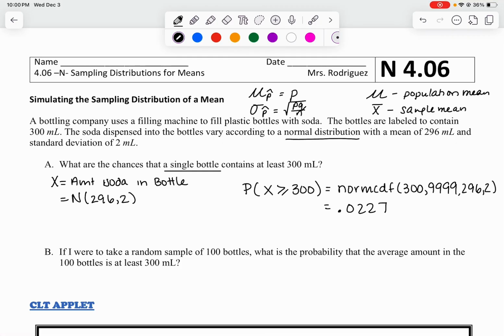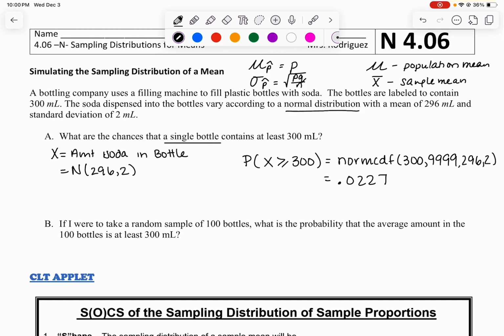Now, that is everything that we've already done, right? What are the chances that a single bottle contains at least 300 milliliters? Listen to the wording in the new question. It says, if I were to take a random sample of 100 bottles, now it's asking what is the probability that the average amount in the 100 bottles is at least 300?